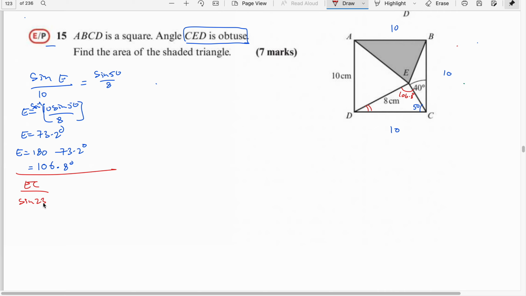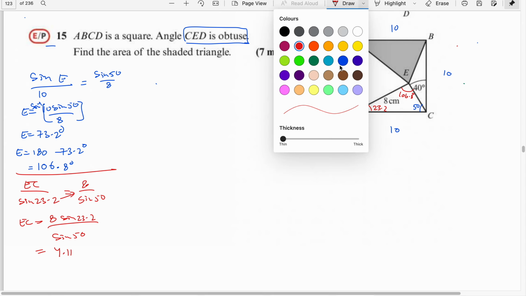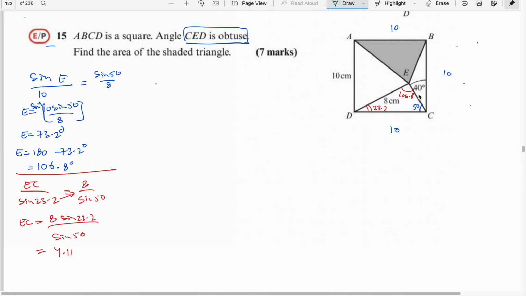Sine of 23.2 is equals to 8 over sine 50. So EC is equals to 8 sine 23.2 over sine 50. So 8 sine 23.2 divided by sine 50, I get 4.11. So EC is 4.11.